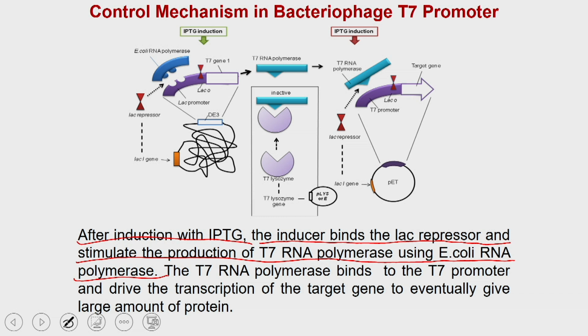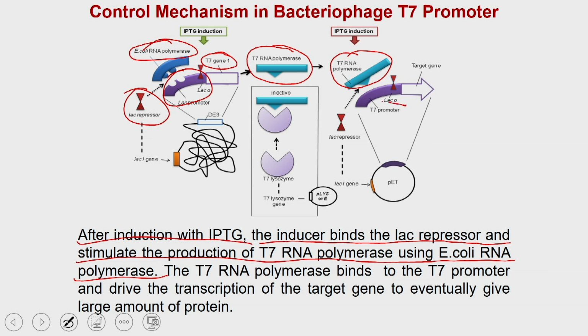Which means once you add the inducer, it allows the E. coli RNA polymerase to bind to the lac promoter, and under the influence of the lac promoter you have the T7 gene, which produces the T7 RNA polymerase. Once the T7 RNA polymerase is produced, it binds to the T7 promoter, and that drives the transcription of the target gene.